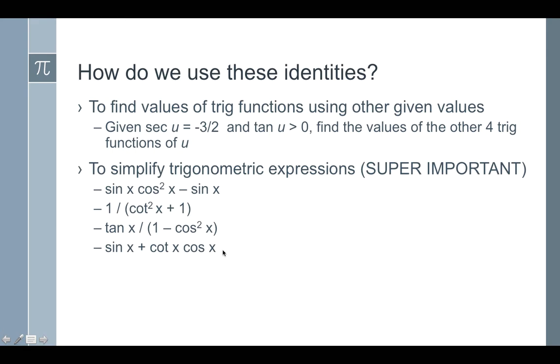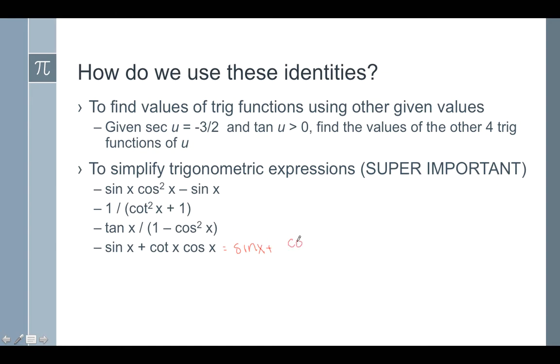Now, this particular next one here you might not know exactly where to go with this one. Well, if I was to think about this cotangent thing, I know sine of x is pretty simple already, but I know that cotangent is a fraction that involves cosine. So let's see if we can do something about that.